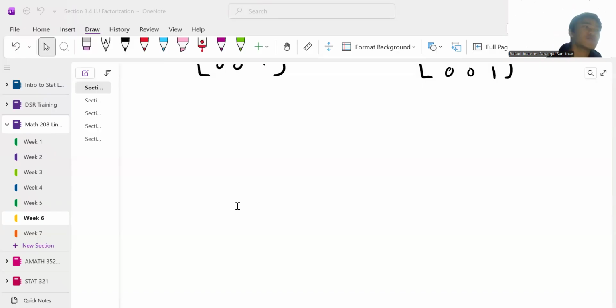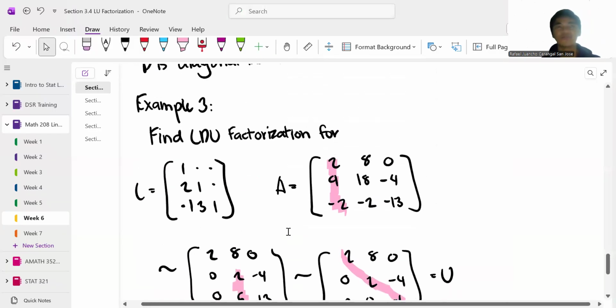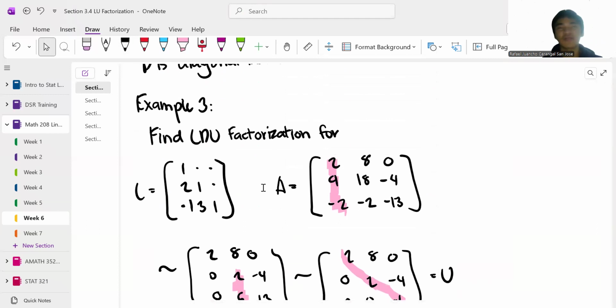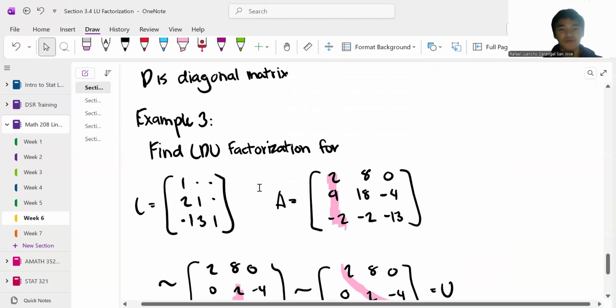But the idea is to just make it work. So in scientific computing, we did talk about this. It's regarding computational complexity. And the idea behind that is when we decompose matrices and we do some arithmetic with them, decomposing them actually makes it faster to compute.